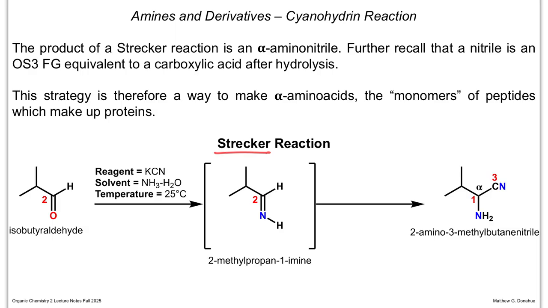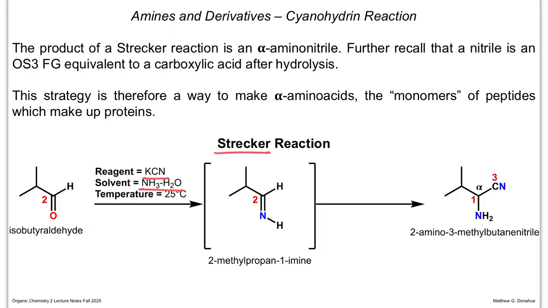So it starts with either an aldehyde or a ketone. We're going to use the cyanide, but notice now the difference in the solvent here. We have ammonia. So rather than the cyanide adding first, what happens is the ammonia condenses with the carbonyl.